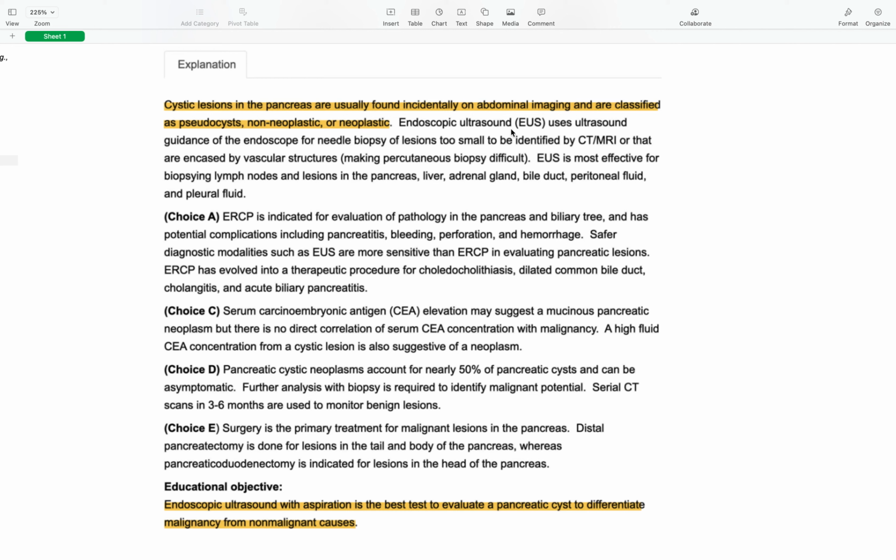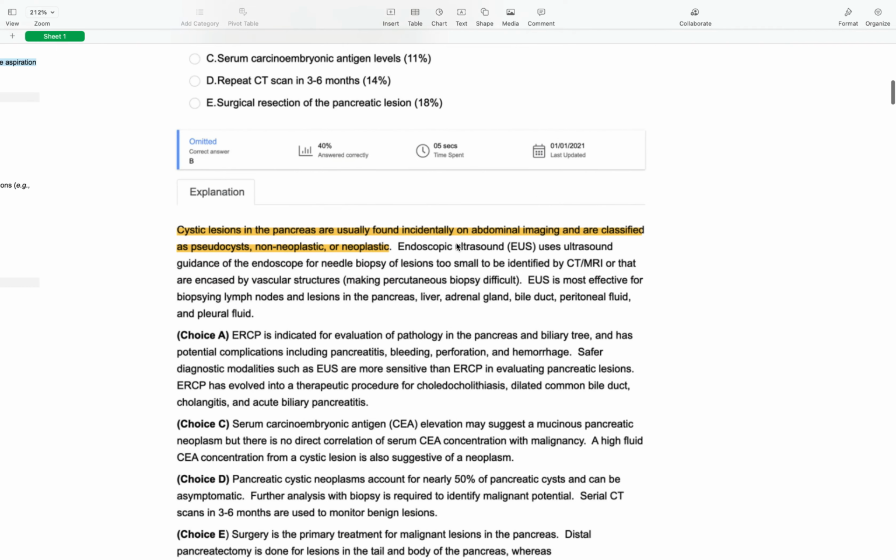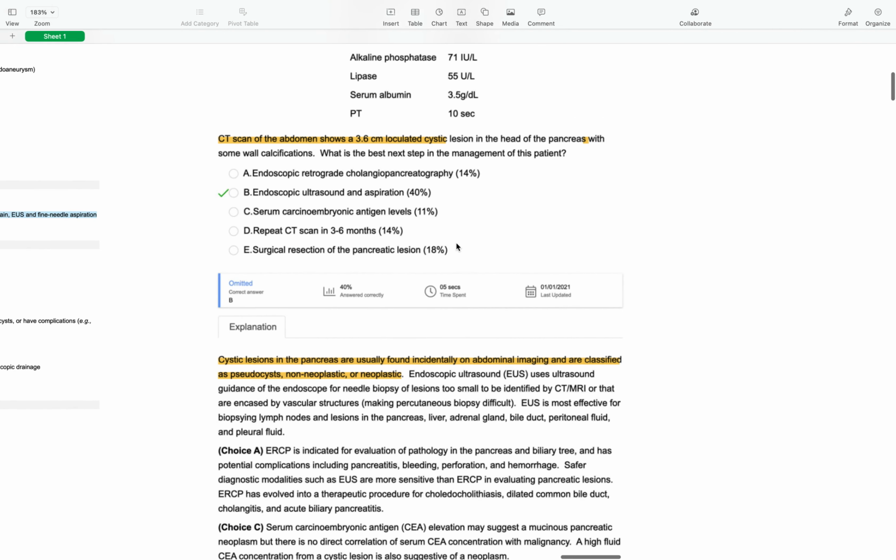Endoscopic ultrasound is most effective for biopsying lymph nodes and lesions in the pancreas. This is why endoscopic ultrasound with aspiration is the best next step to evaluate a pancreatic cyst to differentiate malignancy from a non-malignant cause.